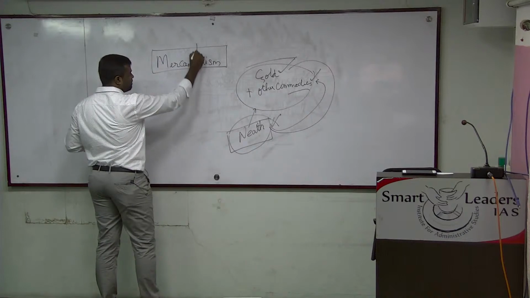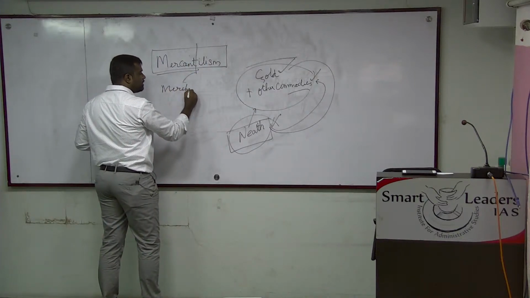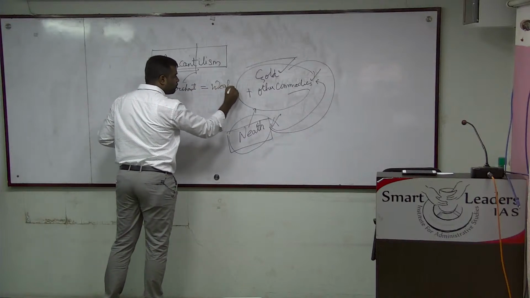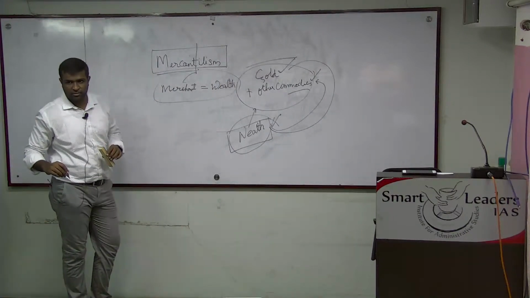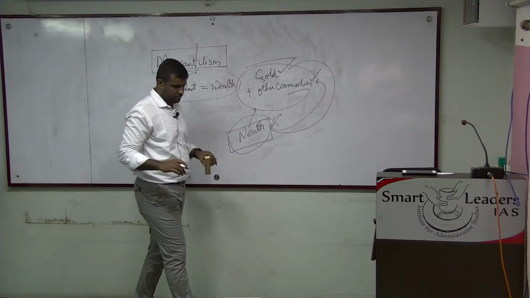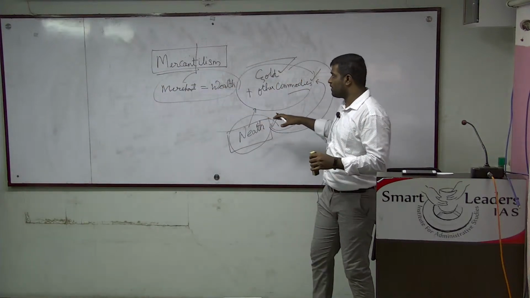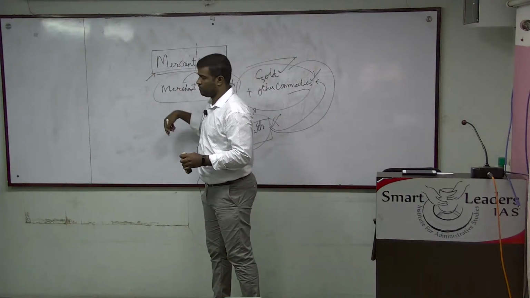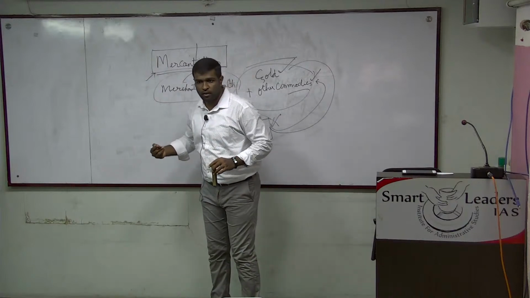Mercant means merchant; it is a concept that merchant activities are what equal wealth. Is this concept right or wrong? The concept itself seems to be right, but it is this idea of mercantilism which led to unnecessary colonialization.